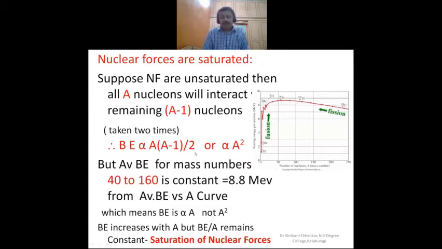This you have to understand. Suppose nuclear forces are unsaturated. We know that they are saturated, so we start with a contradictory statement. It means every nucleon will interact with every other nucleon. We count it twice, 1 with 2 and 2 with 1, so we divide by 2. Then the expression comes out to be binding energy proportional to A into A minus 1 by 2.